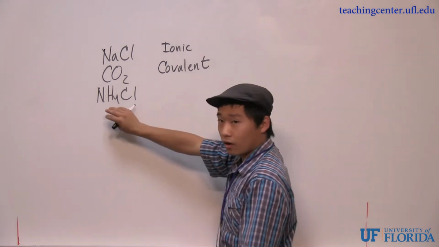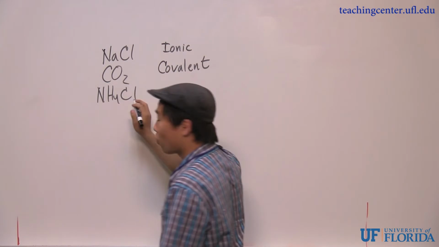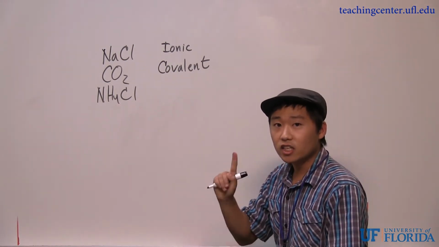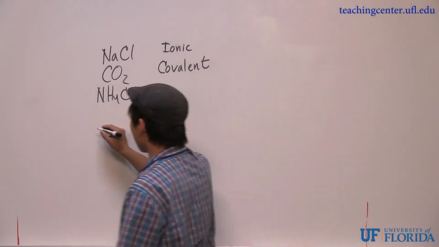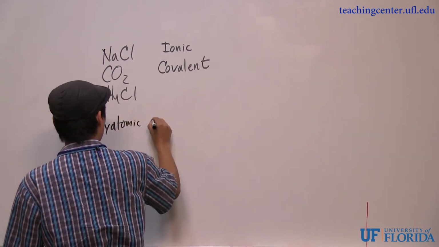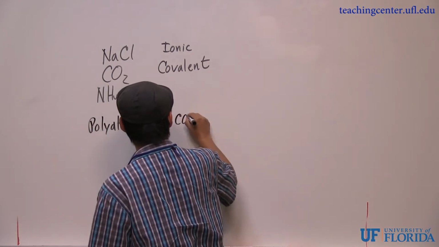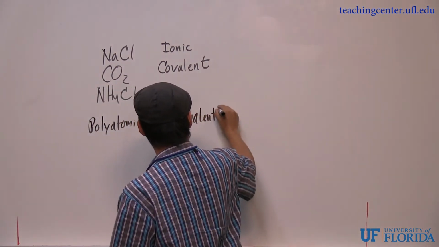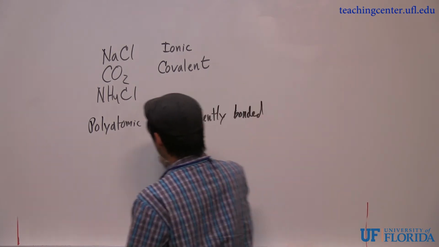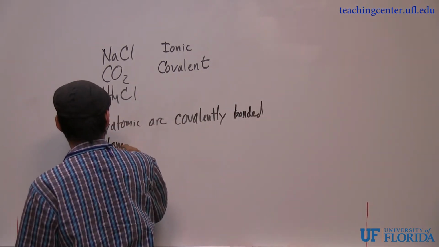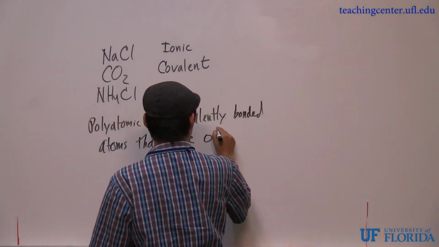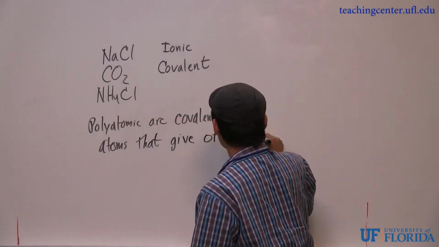But if we look here, we have NH4Cl. Now, NH4 is what? NH4 is a polyatomic ion, and polyatomic ions are covalently bonded atoms that give off a charge.